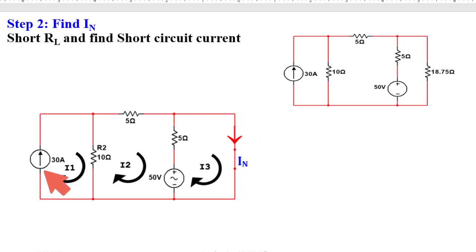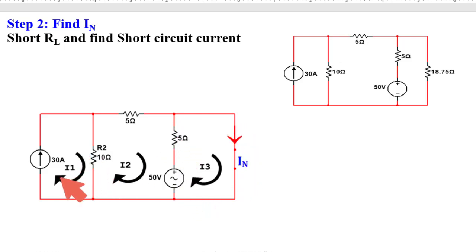Here one current source, and these are the resistive network. To find out the IN, we are considering three loops: I1, I2 and I3. This I1 will flow through this loop, I2 will flow through this loop, and I3 will flow through this loop.